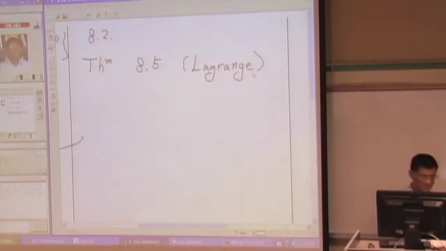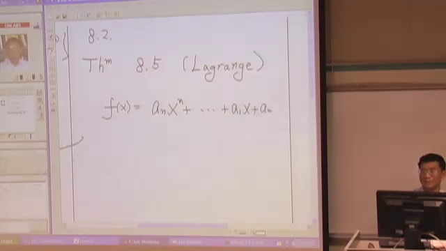It says, if f of x is a polynomial with highest coefficient relatively prime to n, right? I will use a prime number instead of general n.